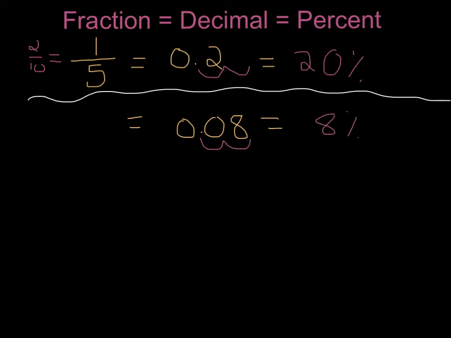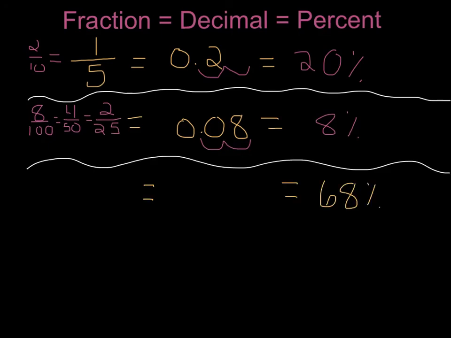And then as a fraction, I said that the proper way of saying it is 8/100ths. And now you just have to simplify it. You could cut them both in half, which is 4/50ths. You can cut them in half again, which is 2/25.